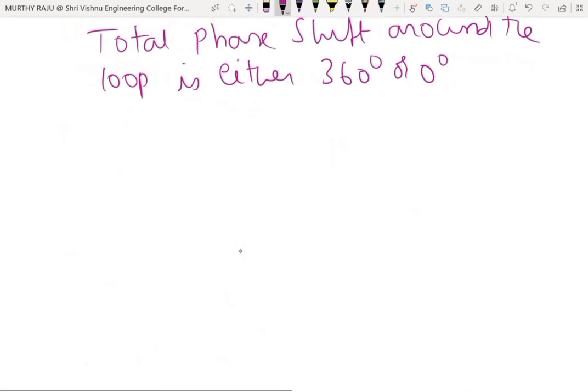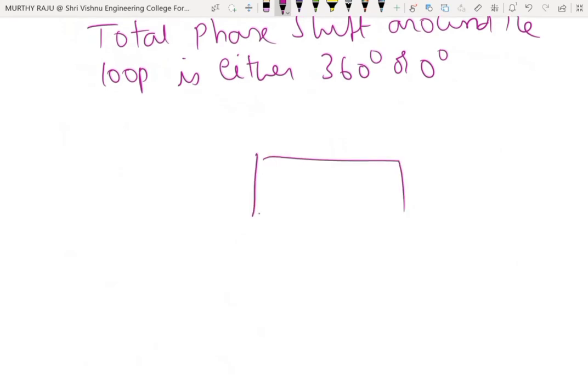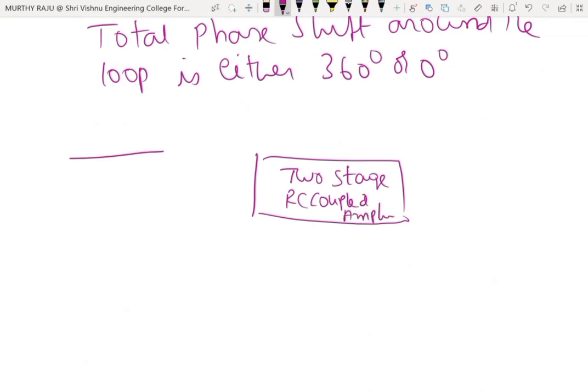In this case, this is the two-stage RC coupled amplifier. This one is the feedback network.